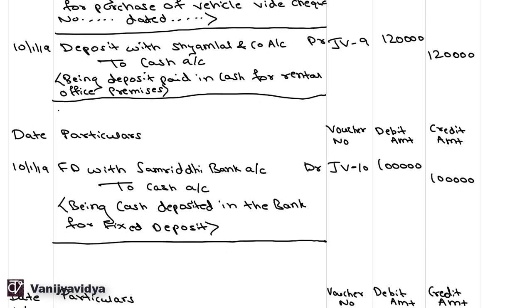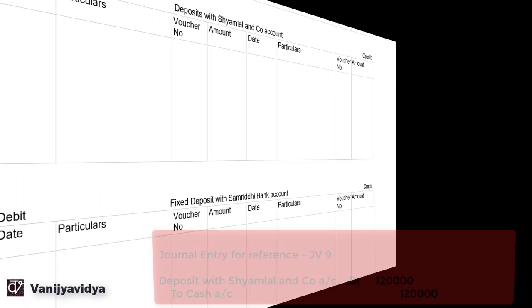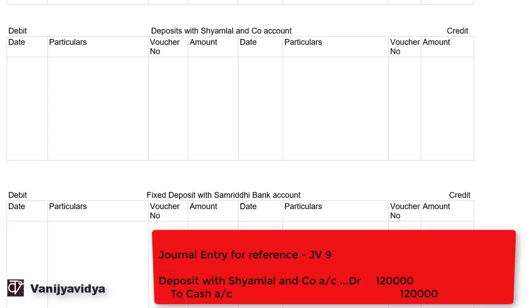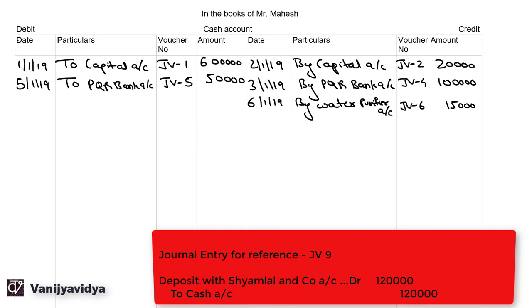Now let's post this journal entry. Deposit with Shamlal and Company account debit side 10 Jan 2019 to cash account JV9, amount is 1,20,000. On the credit side of cash account 10 Jan 2019 by deposit with Shamlal and Company account JV9, 1,20,000.